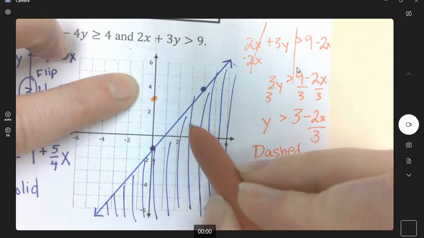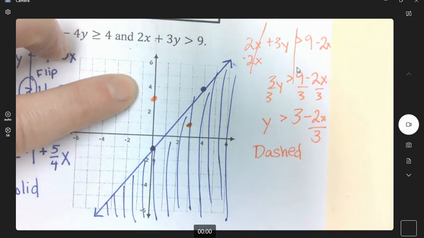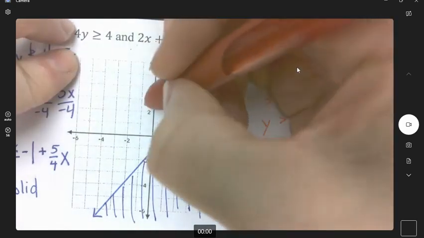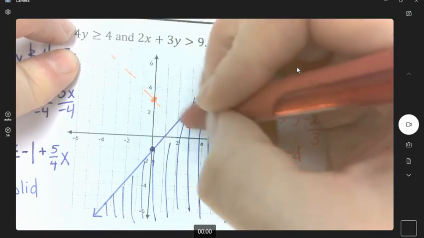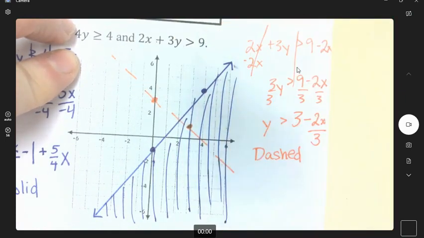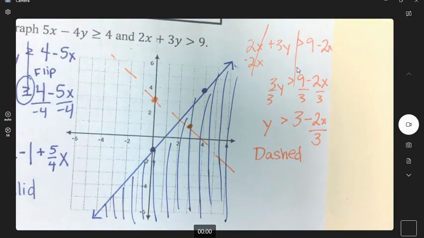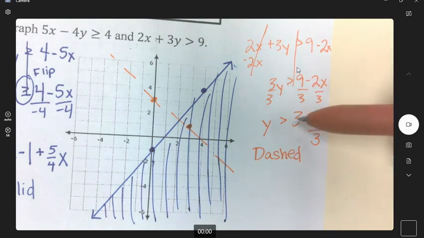Right 1, 2, 3. Make a dashed line. And then this is greater than, so how are we going to shade that?